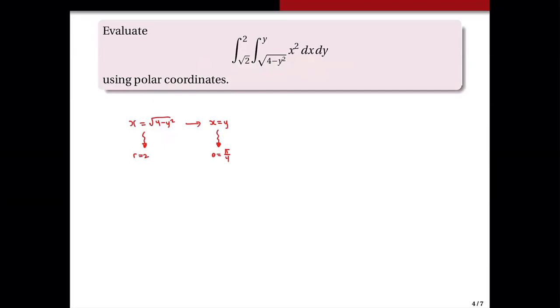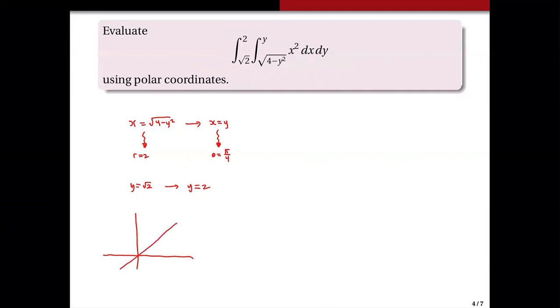Now for the outer integral, we have y equals square root of 2 until y equals 2. So let's see. Sketch. We have the line y equals x, or x equals y, and then we have the circle.